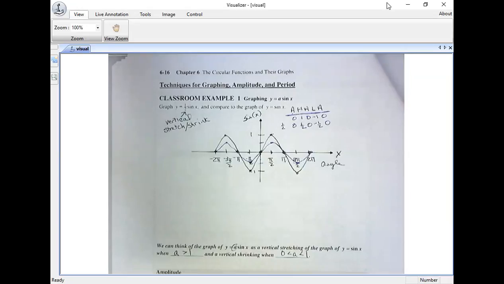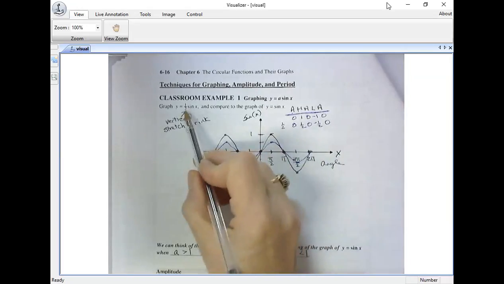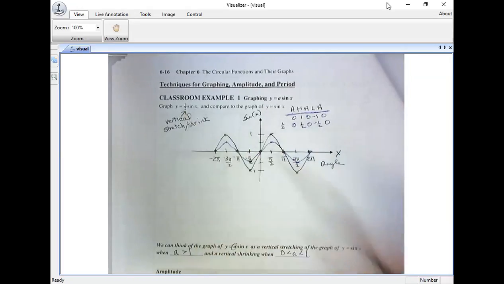Now, if it's a number between 0 and 1, it shrinks it, so it's only half as tall as the original. If it was a number larger than 1, it would stretch it. So if that's the only change in my graph, then as long as I know the original graph, I can make that adjustment.